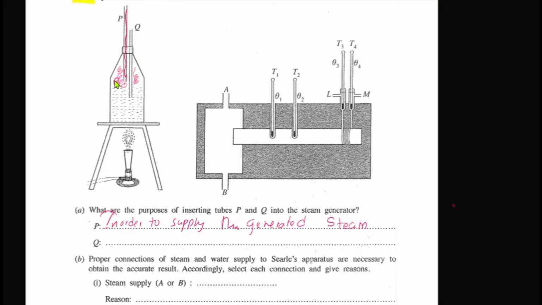In that case, when the steam generates to a higher level, the liquid will rise up, which means the pressure level will decrease, so you can maintain the pressure inside the steam generator at the required level. That is the purpose, simply to prevent the pressure from reaching an unfavorable level.